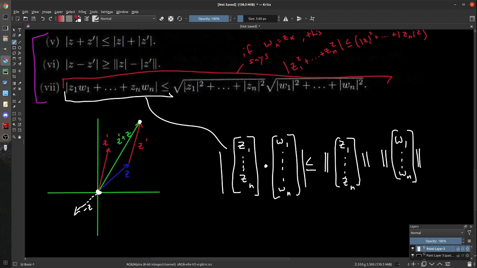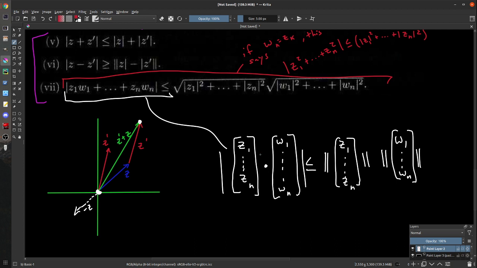So if you had both of these the same, you can just imagine the square root drops out, right? It says that the moduli of the sum of squares is less than or equal to the sum of the squares of the moduli. This isn't too surprising at all. So you can think about this as a more advanced version of this little thing right here. All right, fair enough.